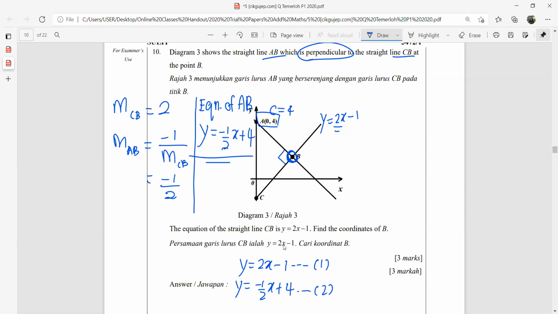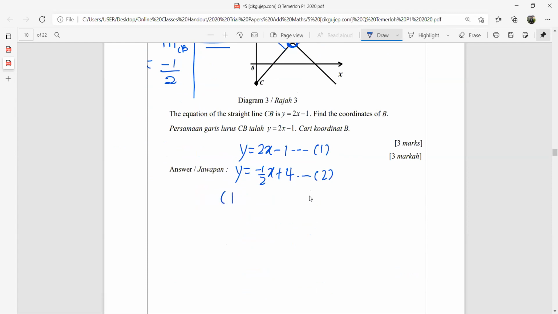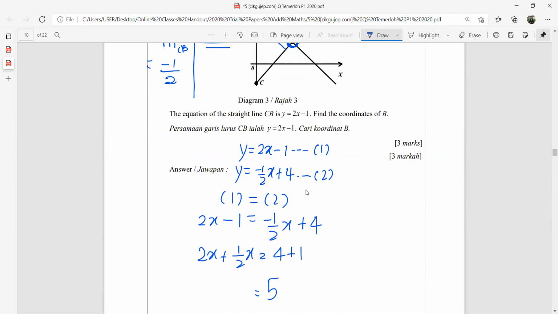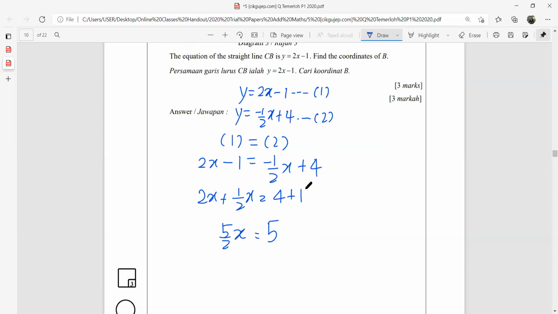Then you can equate them: 2x minus 1 equals -1 over 2 x plus 4. So 2 plus 1 over 2, you get 5 over 2 x. Then x equals 5 times 2 over 5.